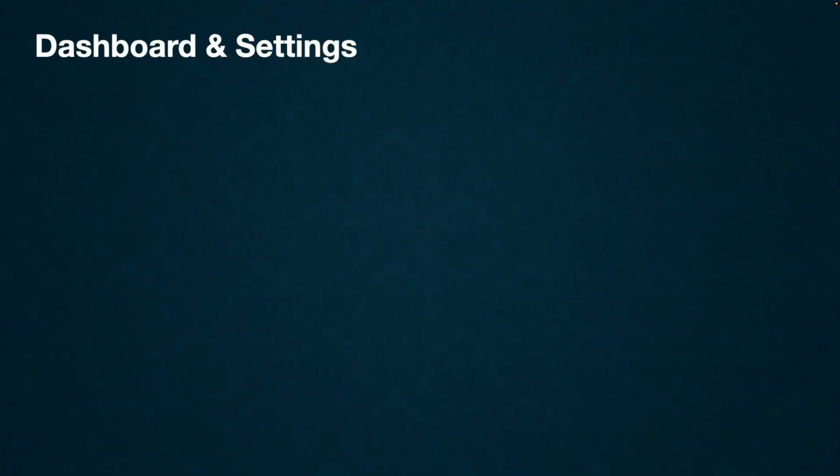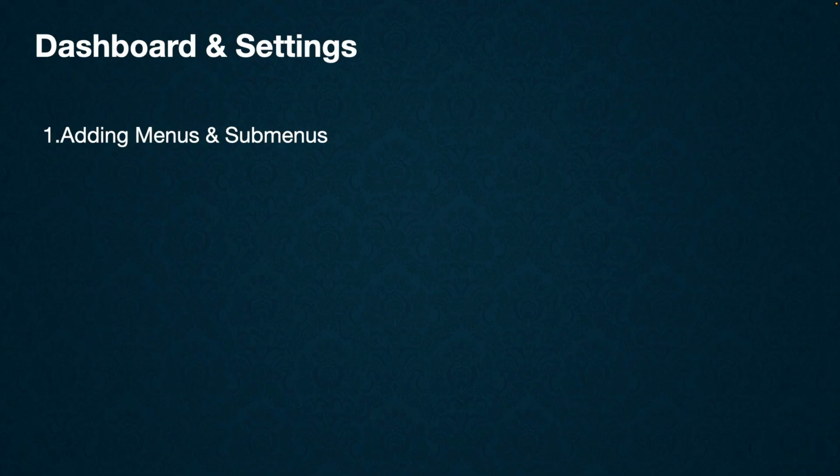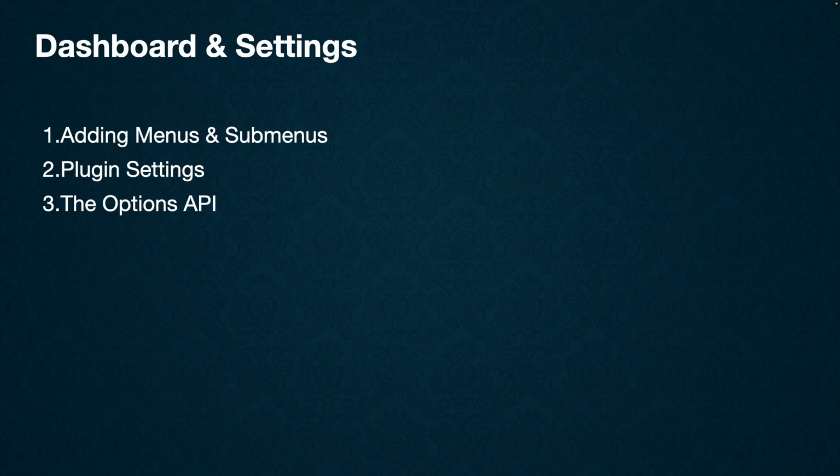The next part is dashboard and settings. In dashboard and settings, first we will see how to create a menu and then its submenu, and then we will see what WordPress plugin settings are and how to integrate them. Then another most important part, to store your data in the WordPress plugin database, is the Options API.